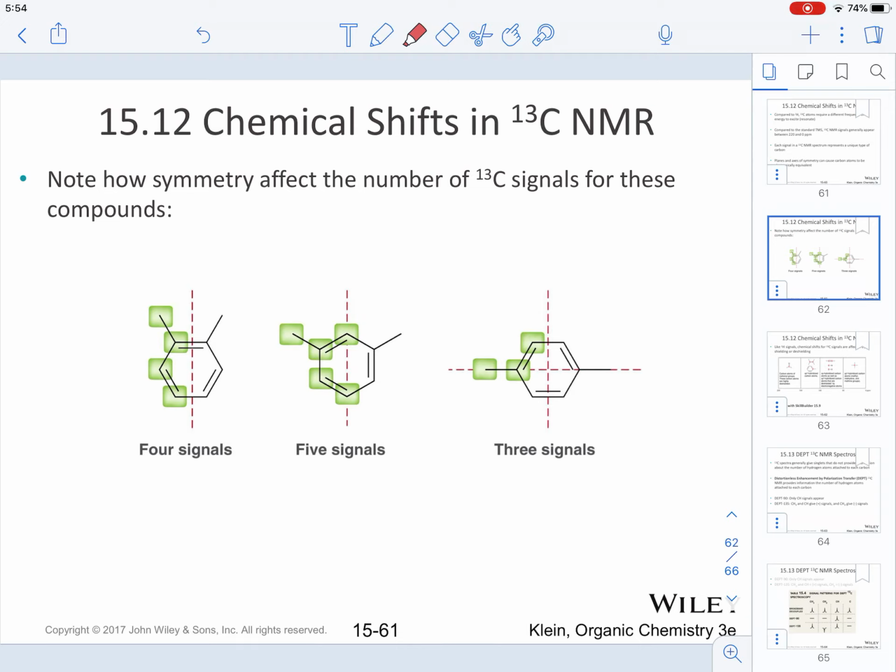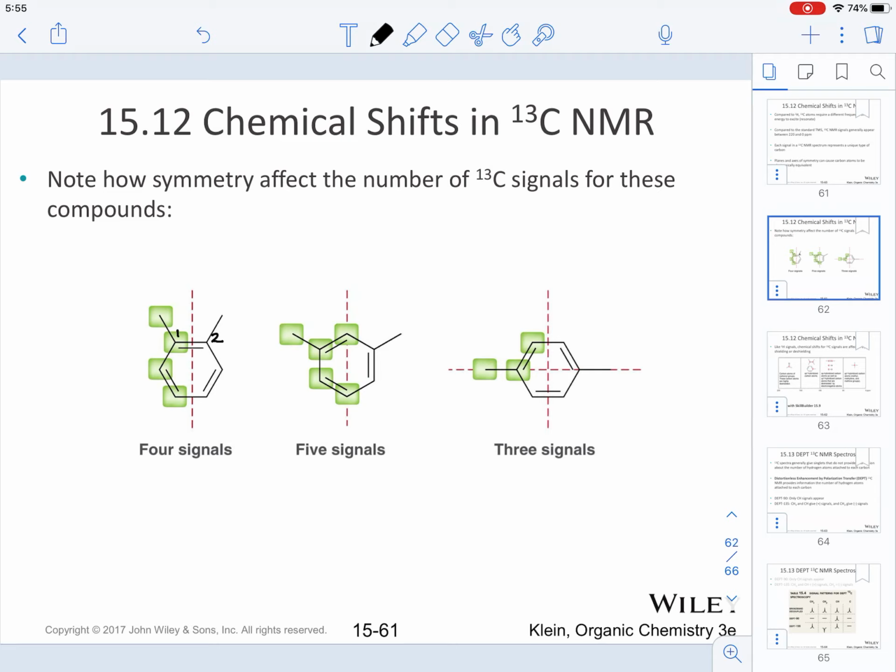As you can see, due to symmetry, the first disubstituted benzene, which has the methyl groups on carbons 1 and 2, has an axis, and if we fold the molecule in half, the right and the left look alike, so that one is going to show 4 signals.